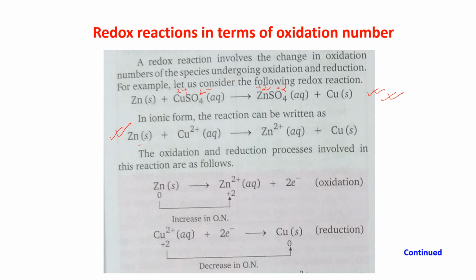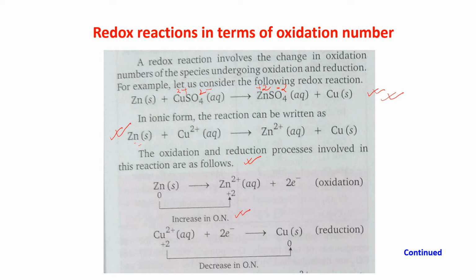Now, the oxidation number and oxidation reduction processes involved in this reaction are as follows. This is from zinc to Zn2 plus. Now, solid zinc has oxidation number 0. Okay, now Zn2 plus has oxidation number plus 2. This is from 0 to plus 2, that means an increase in oxidation number.